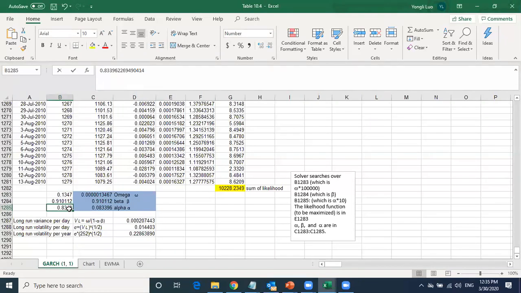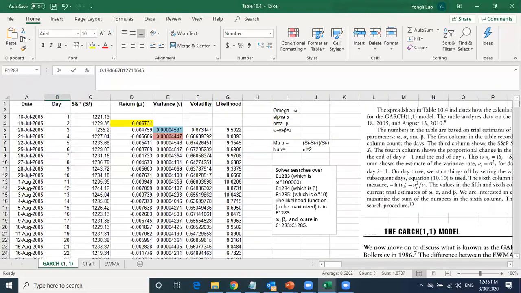Once you have these three parameters, you apply them to this formula and drag all the way down. The volatility is the square root of the variance, and we multiply by 100 to change it to percent.